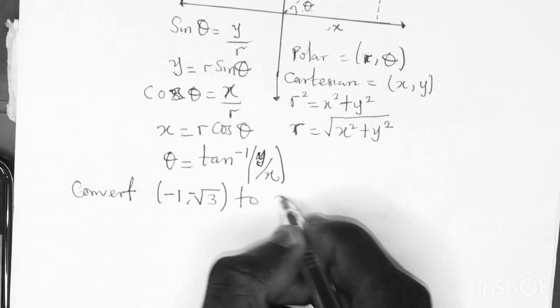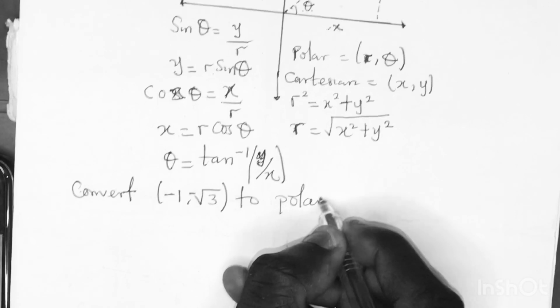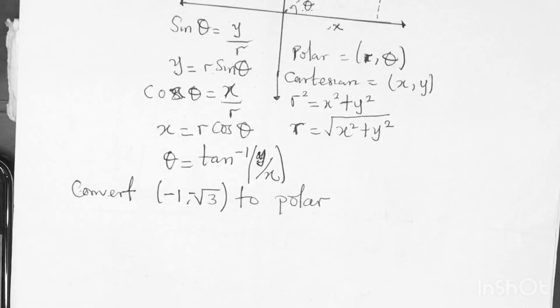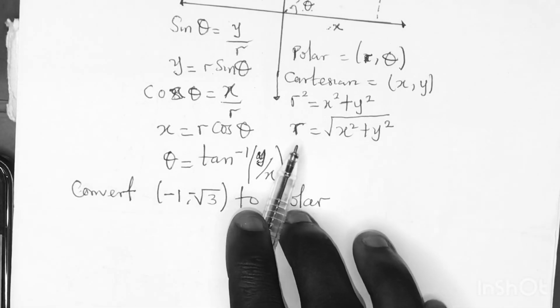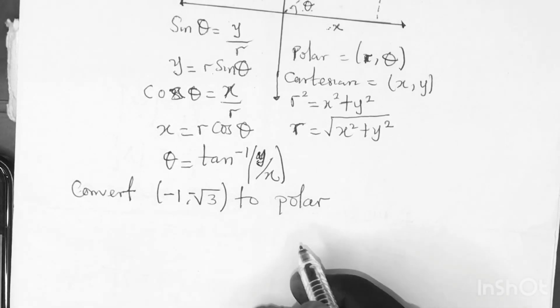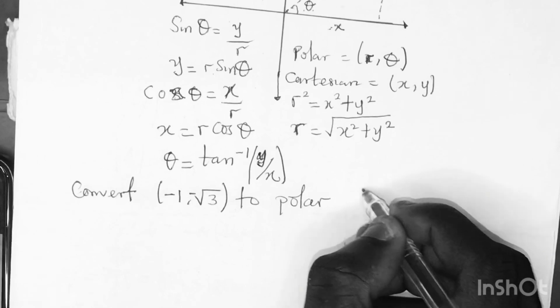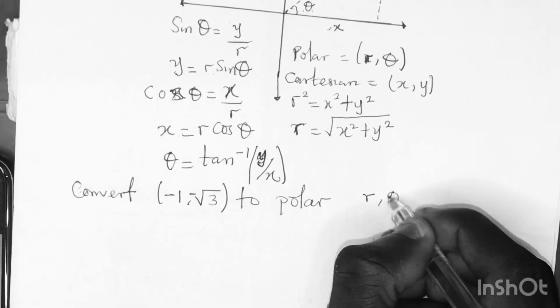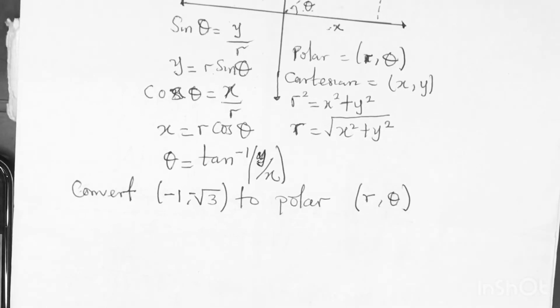I want to convert it to polar. To convert to polar means I need r and I need theta. And how will I get my r and my theta?